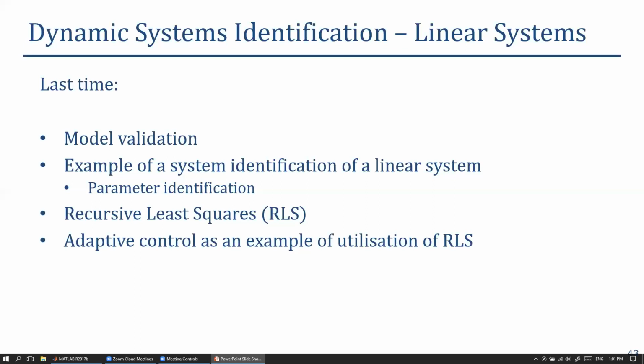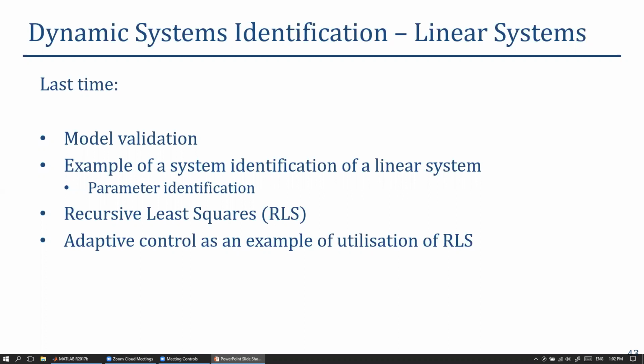So today, just to repeat quickly what we did the last time. Last time we looked at linear systems, so that means linear system identification. We looked at model validation and the mass spring example, a simple system identification technique on linear systems.